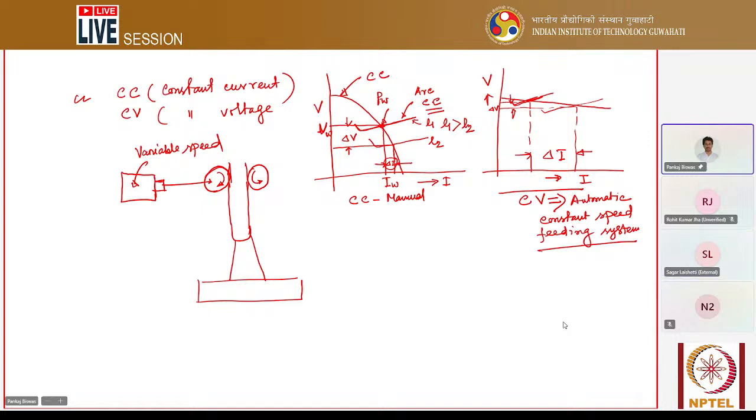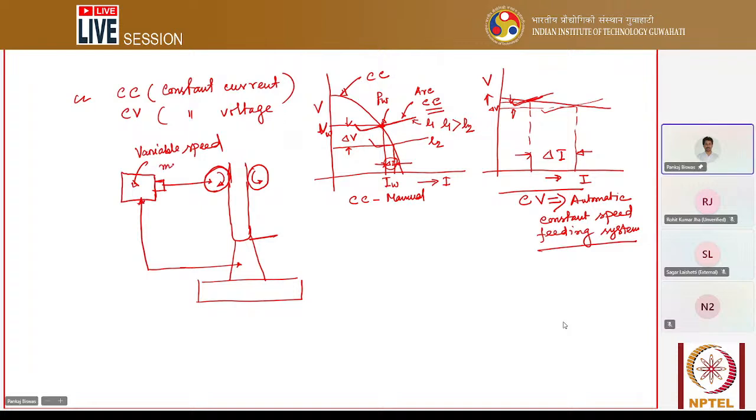Yes, so generally there is a sensor which is connected with the arc. If there is any variation of the arc length, this sensor will detect that variation and immediately give the signal to this variable speed motor.